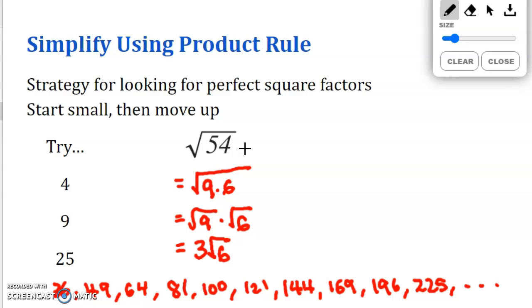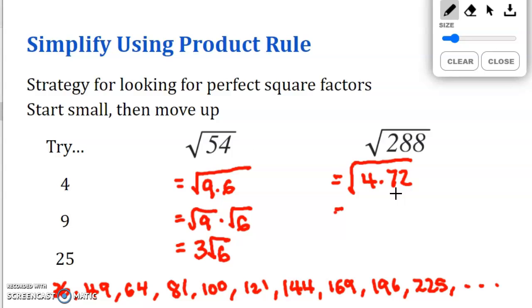Okay, and then likewise, if I was to go to the next problem, square root of 288. Now I am thinking, okay, that's a big number. So start small. Is 288 divisible by 4? Yes. So this is the same as 4 times 72.